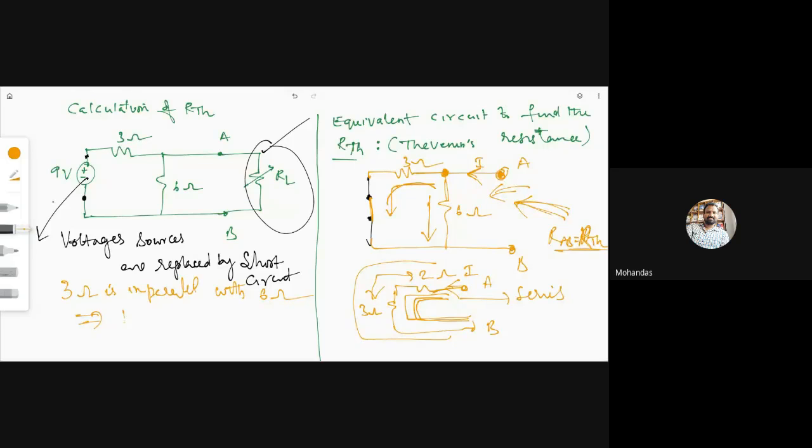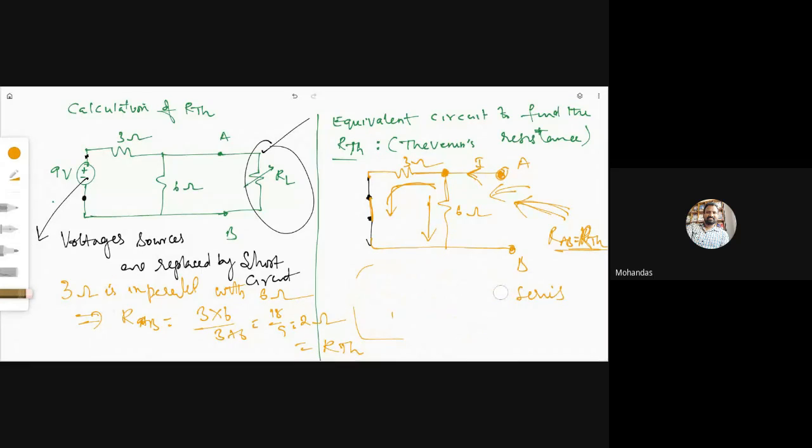RAB equal to 3 into 6 by 3 plus 6, 18 by 9, which is equal to 2 ohms, which is the same as R Thevenin. Please note down, and please practice more problems on equivalent resistance. We have done so many problems on this equivalent resistance. All of you note down this one.